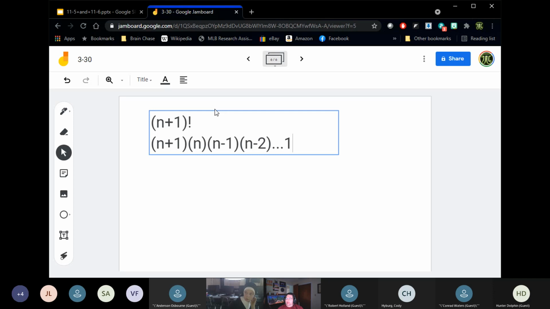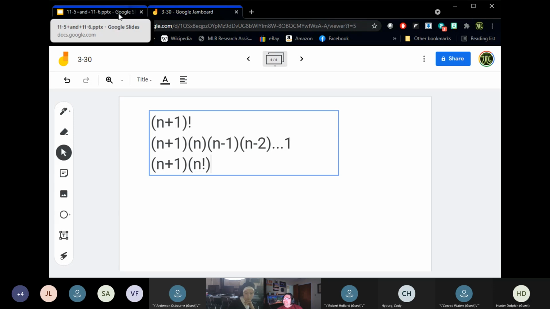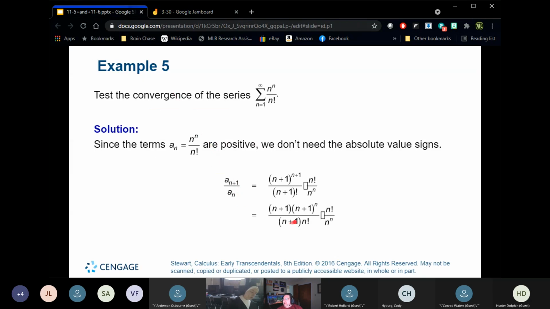That would be n plus 1 factorial. So all we're doing is I'm going to keep that n plus 1, and this part here is n factorial, because that is the same thing as saying n times n minus 1, n minus 2, all the way down to 1. Does that make sense? Yeah. So that's where that part down the bottom comes in.